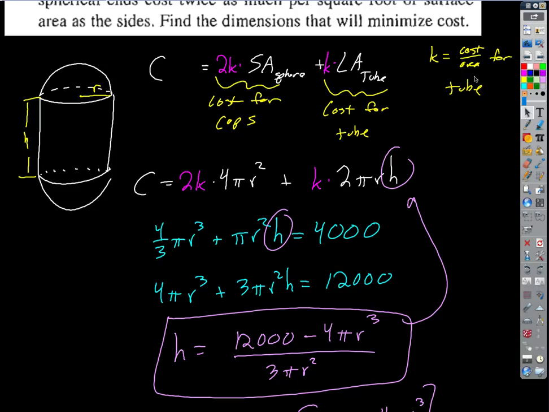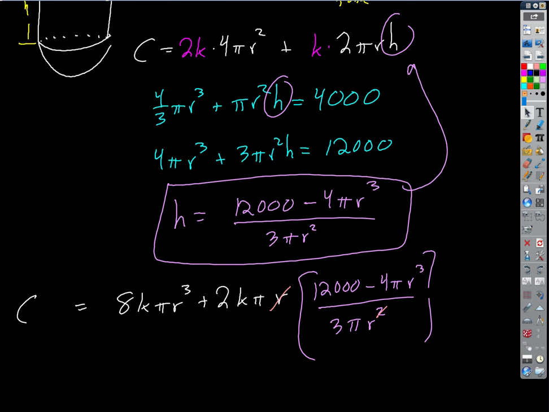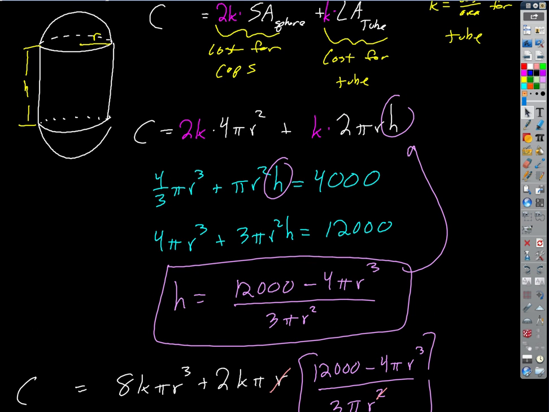Twice as much. And so if we want to come up with our overall cost function, we're just going to multiply the surface area of the two hemispheres, which combine to make a sphere, times 2K, plus the lateral area of the cylinder, just the tube part, times K. And I think that's just about where we were. Well, so we plugged in the specifics.